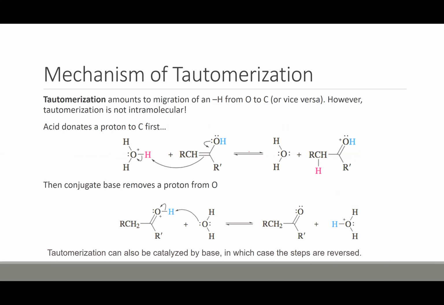The tautomerization is just a migration of a proton between the oxygen and the carbon. And during this migration, you also have migration of electrons. Realistically, it's all a migration of electrons that then moves the double bond from the position on the carbon to the position on the oxygen.